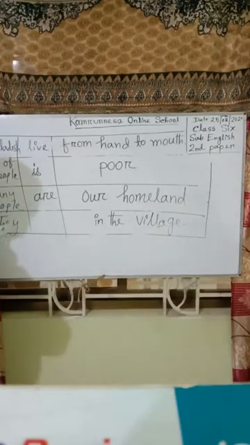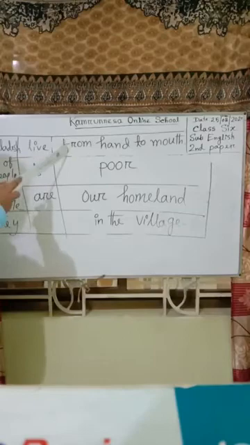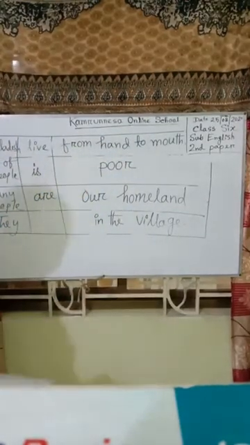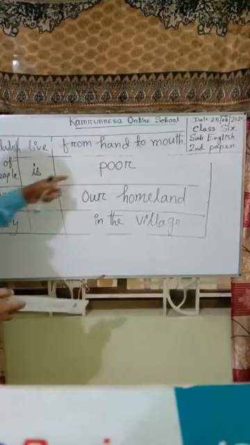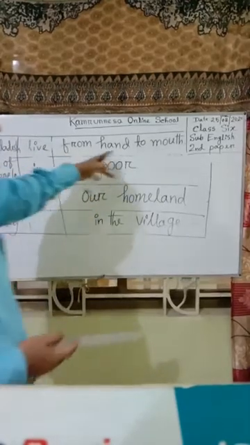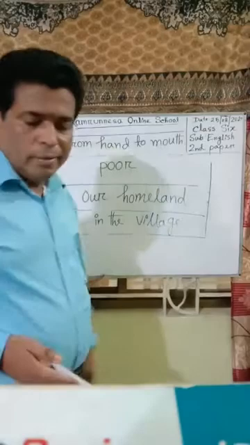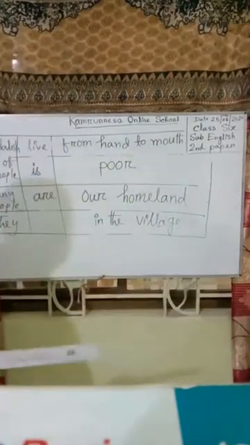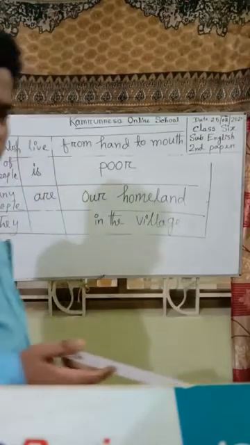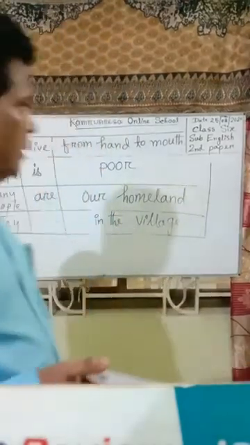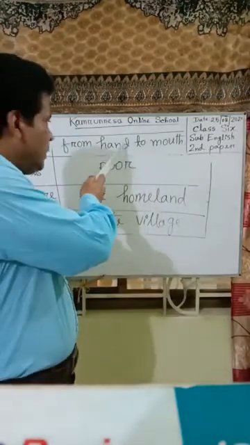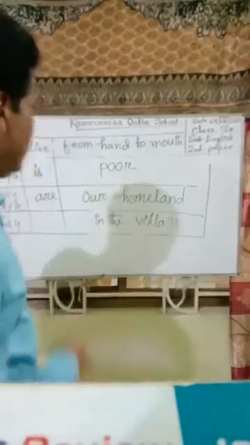They live from hand to mouth. Since many people poor, so they live from hand to mouth. Hand to mouth, that means very poor people, what they can earn daily, they have to lead their life with that very income. That means din ene din khao. In Bengali meaning din ene din khao, hand to mouth.